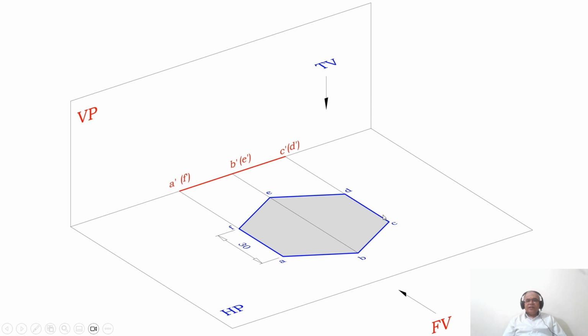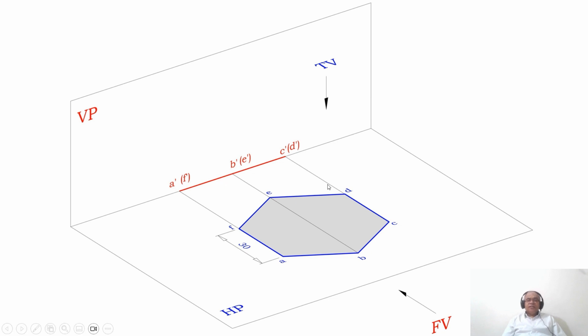You can see here, the edge CD is perpendicular to VP, and here also the edge AF is perpendicular to VP. The side opposite to the side, which is the side opposite? The side opposite is AF. If CD is resting on HP, then AF will be above HP by 45 mm. So that is the meaning of that.